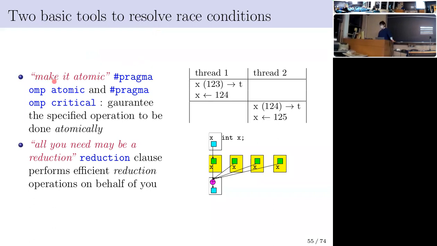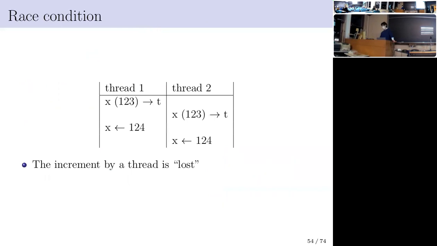So one approach is something called make it atomic. The primary reason why something bad happens is that this update increment is not done atomically. While this thread is in the middle of the increment, somebody else interferes and obstructs your work.